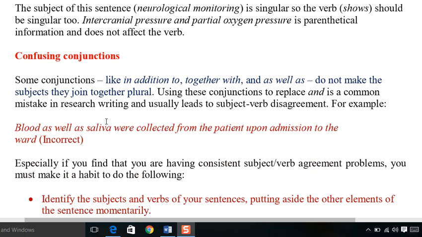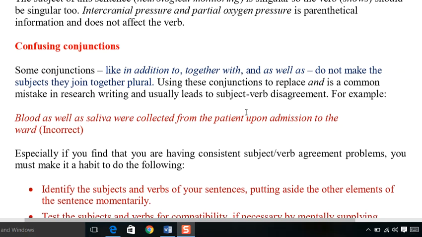Then come the confusing conjunctions. Conjunctions also sometimes confuse you in locating subject and verb agreement. Phrases like in addition to, together with, and as well as do not make the joined subject plural. Using these conjunctions to replace and is a common mistake in scientific writing, and usually leads to subject verb disagreement.